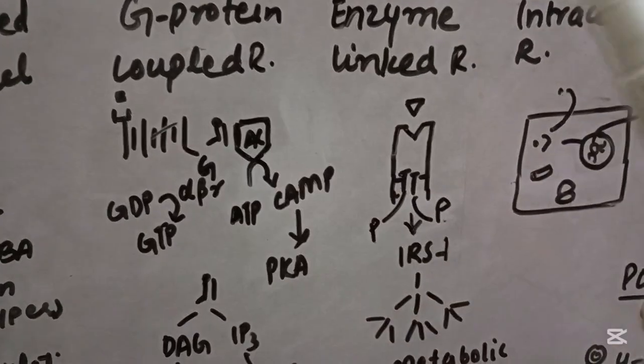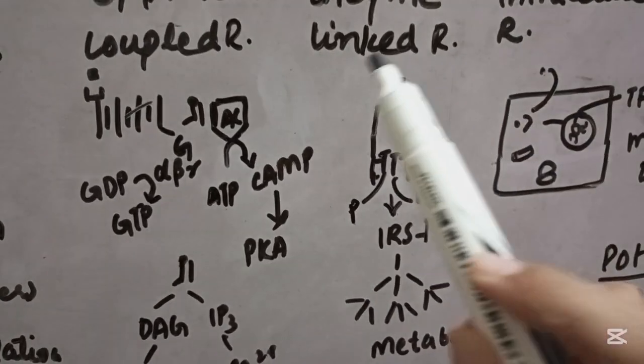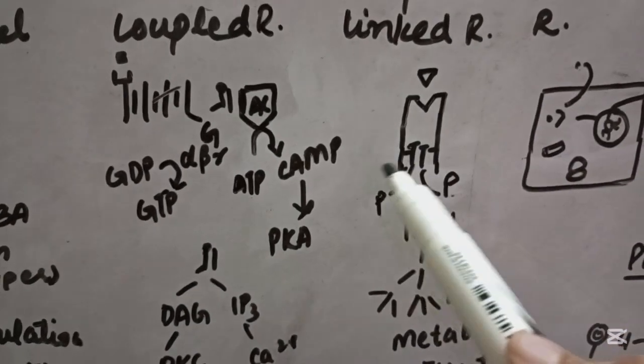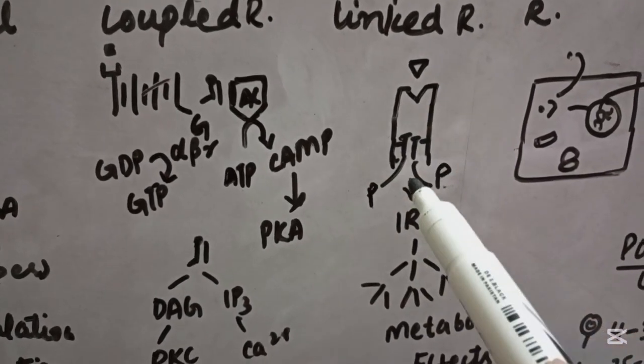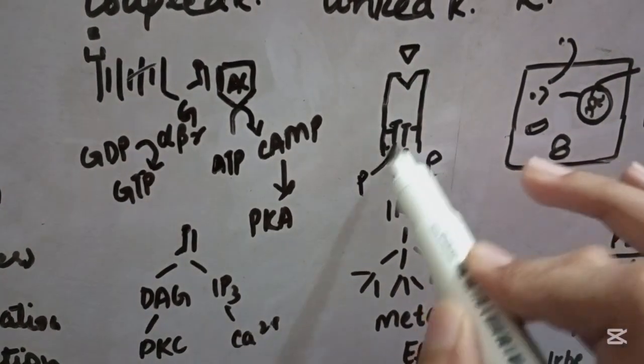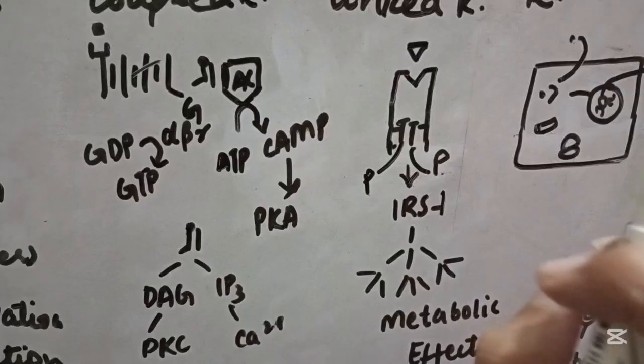Next category, we have enzyme-linked receptors. So this is insulin, and it is coming here, and it is binding with this receptor. Here these are tyrosine molecules that are present inside the cell. First, they are not phosphorylated. After the binding of the insulin, they become phosphorylated, and this phosphorylation is auto.